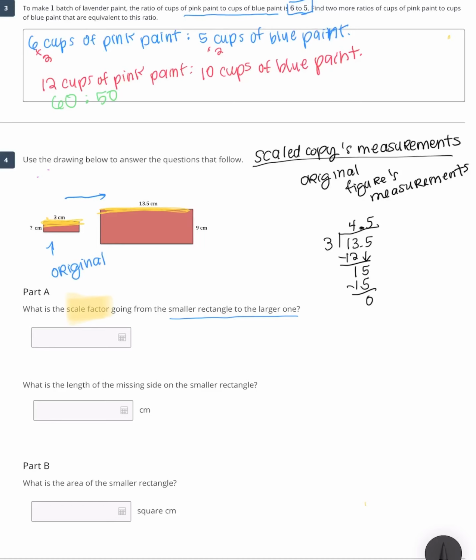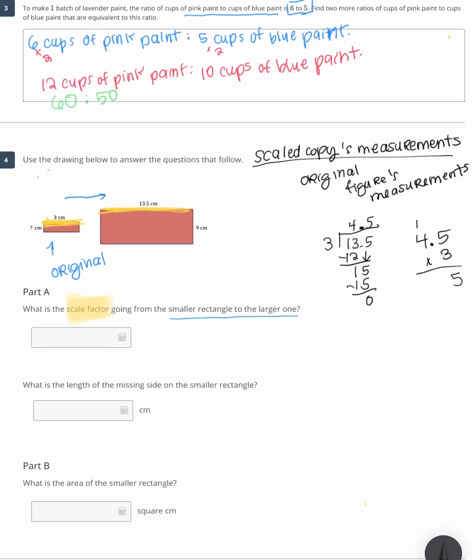Now, there is a way for me to check my scale factor. I can multiply the scale factor times, what do you think? What number? If you guess 3, you're absolutely correct. And it should give me 13.5. So 3 times 5 is 15. Carry the 1. 4 times 3 is 12.